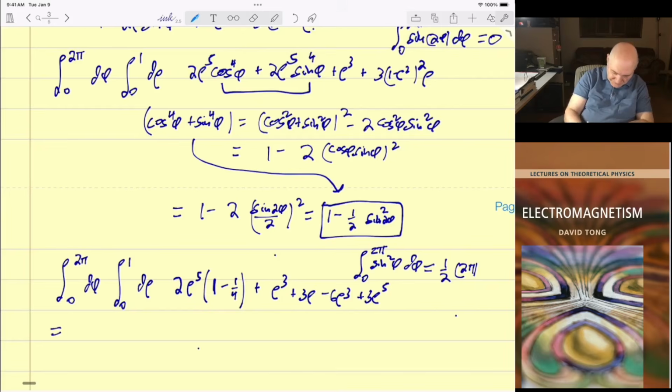This is not too hard to do. I'm just making a point of doing everything by hand. So I get 2 pi, the integral from 0 to 1 of rho to the 5th times 9/2, minus 5 rho cubed, plus 3 rho, d rho.